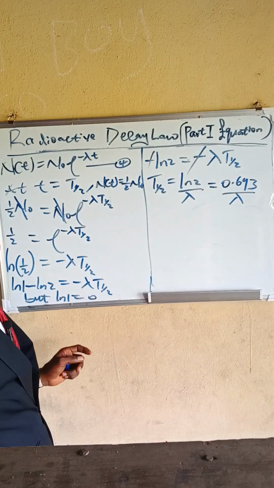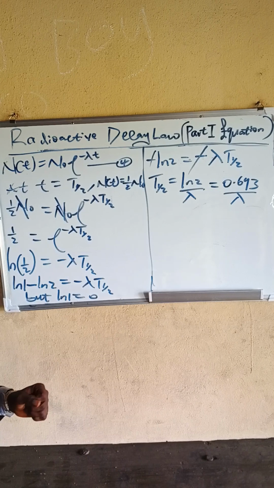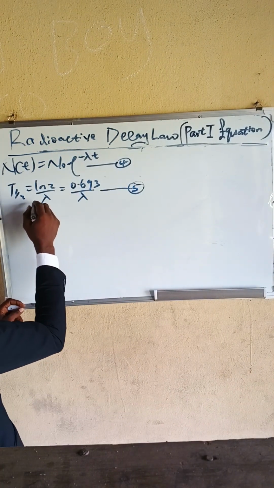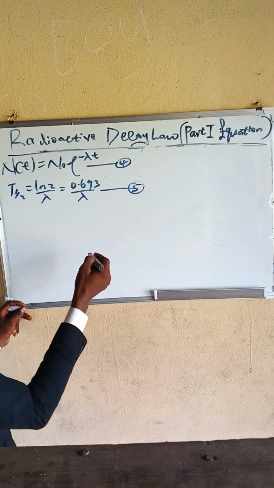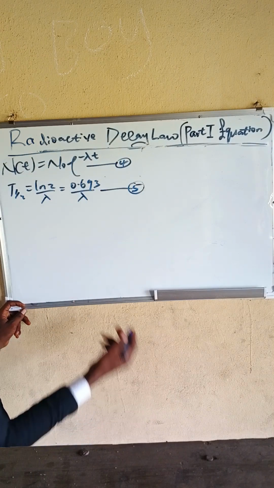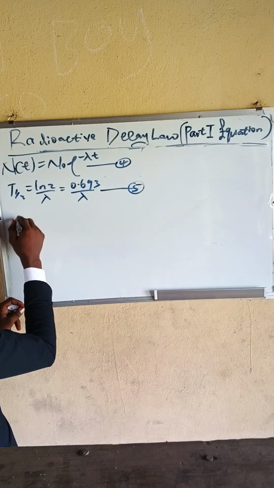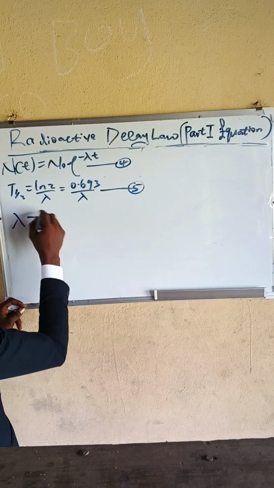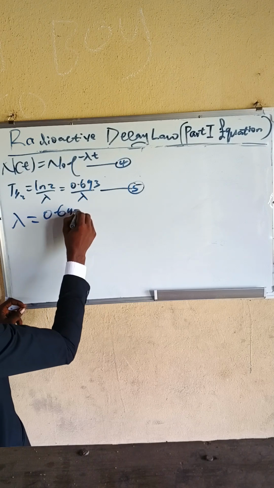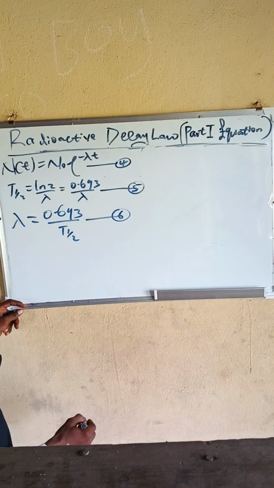This is the equation for the half-life of a radioactive element. The half-life is ln 2 over the decay constant, which is 0.693 over the decay constant. If I make the decay constant the subject of the formula, we have the decay constant equal to 0.693 over the half-life. Call this equation 6.